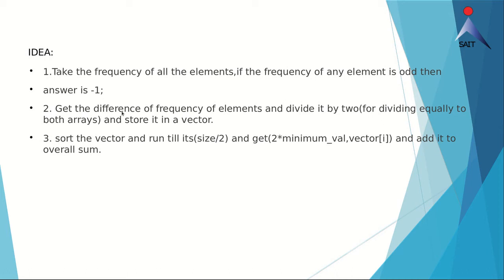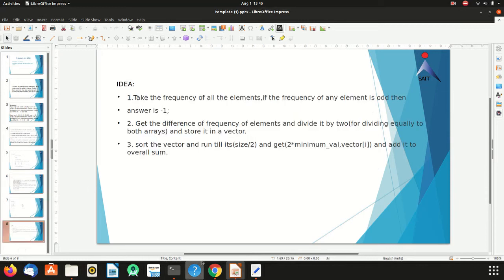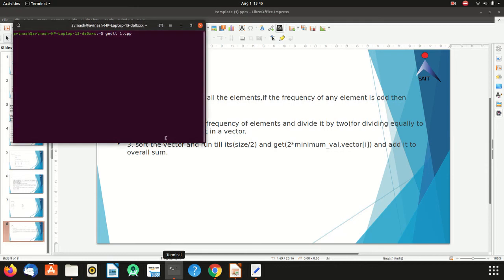Else we take the frequency of the element, divide it by 2 and store it in a vector, then sort the vector and run till size by 2, taking twice the minimum value from the vector and adding it to the overall sum. First we will see it through the code, then we can understand it easily.